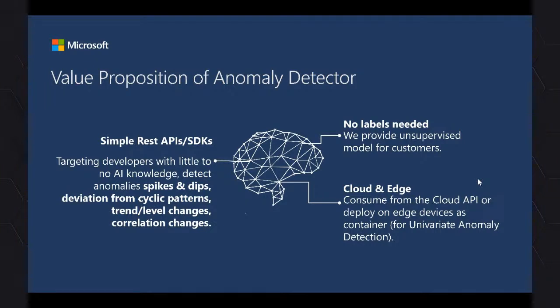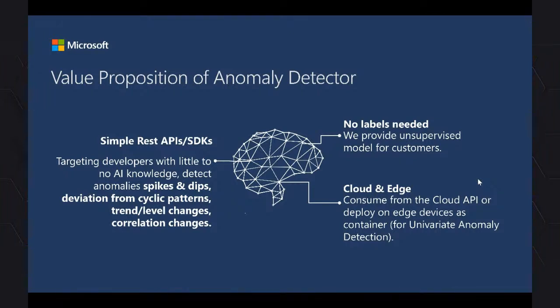First, it provides simple REST APIs and SDKs, so you need no or little AI knowledge, and you can detect anomalies from spikes, dips, deviations from cyclic patterns, or trend or level changes. And most important, you can also detect anomalies within the correlation changes between or among your variables.